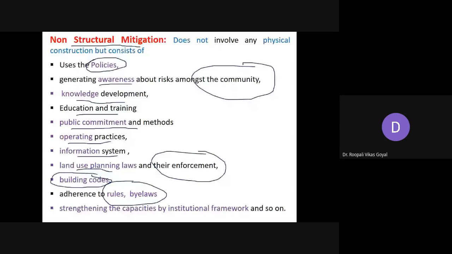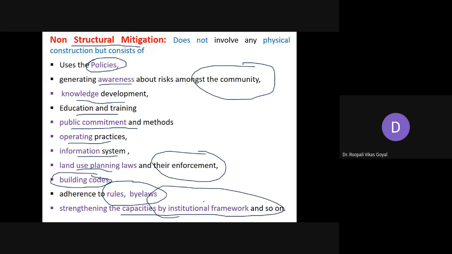And the last one is strengthening the capacities of the institutional framework. If you do not have proper institutes to ensure the proper following of all the rules and regulations, there is no meaning. So there must be proper coordination between all the institutes working in the field of disaster mitigation, before, during, and after a disaster.